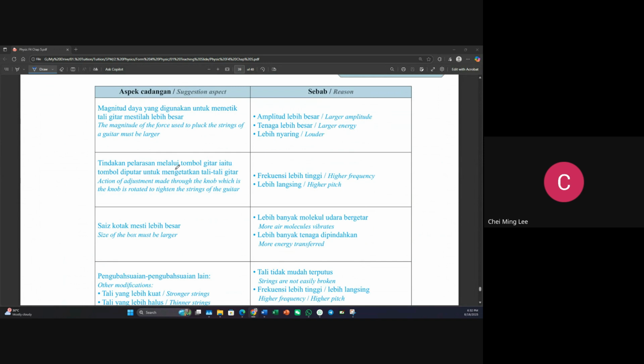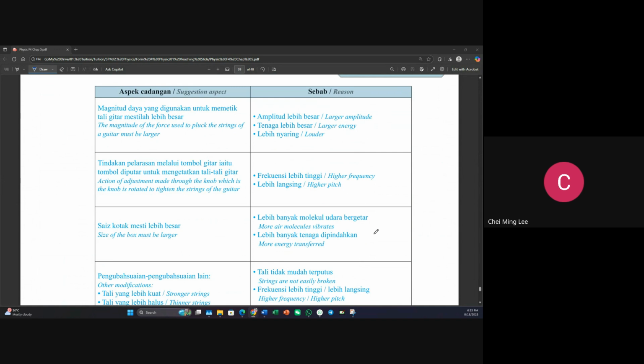And the adjustment made through the knob: the knob is rotated to tighten the string of the guitar so that it can produce a higher frequency sound wave and a higher pitch. That means we get the string even tighter, more tension. And then the size of the box must be large so that more air molecules vibrate and more energy is transferred.